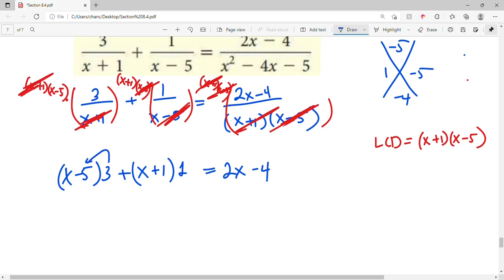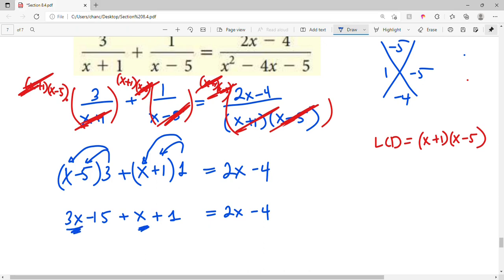Let's distribute that 3 now to the terms and the 1 here. So we have 3x minus 15 plus x plus 1 equals 2x minus 4. Let's collect like terms. 3x and x is 4x. Negative 15 and 1, that's negative 14, equals 2x minus 4.